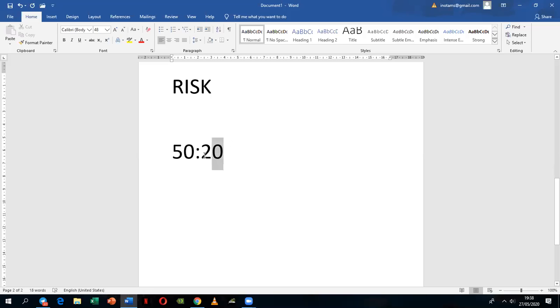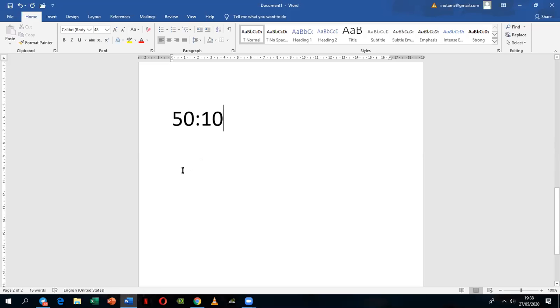Let's say 50, 10. If you lose out on this trade, you're going to lose 5 times your trading equity. A 5 to 1 risk is just awful, so please don't do this.